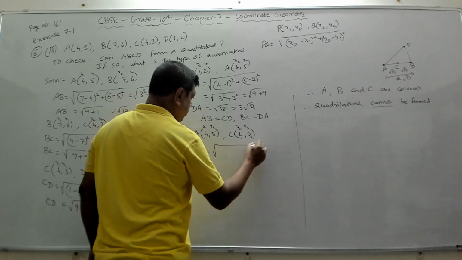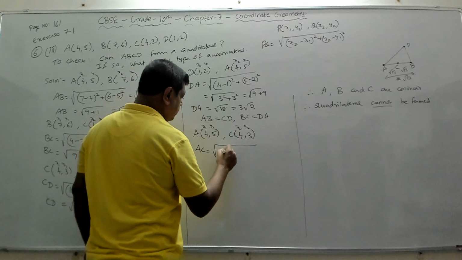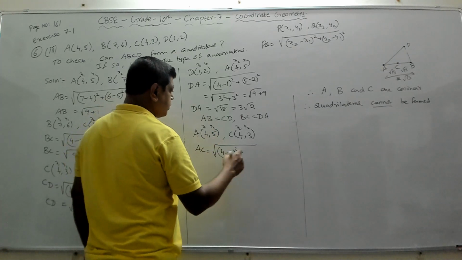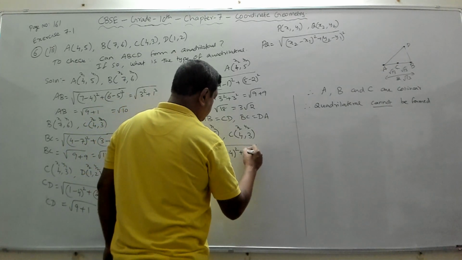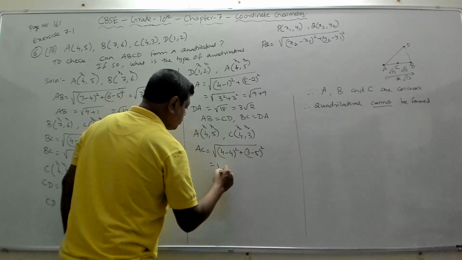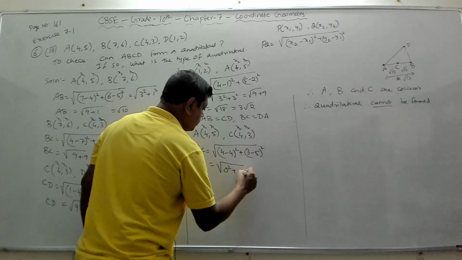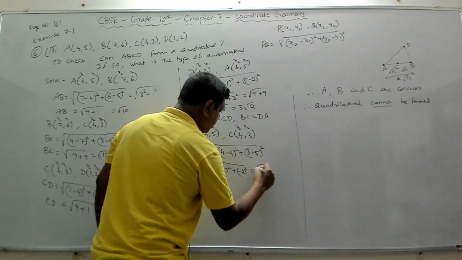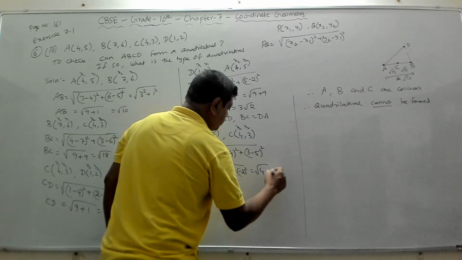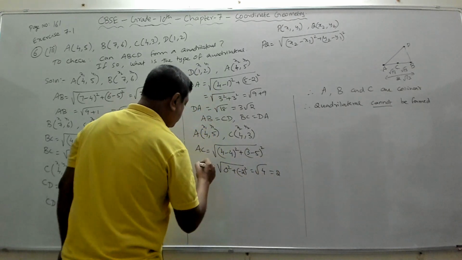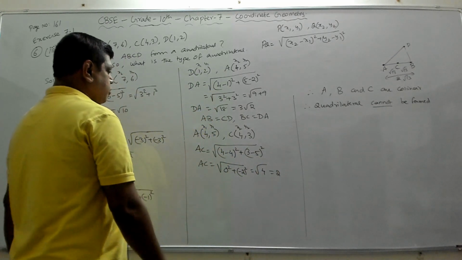That is square root of (x2 minus x1) the whole square, which is (4 minus 4) the whole square, plus (y2 minus y1), which is (3 minus 5) the whole square. So that gives you square root of 0 square plus minus 2 the whole square, which gives you square root of 4, that is 2. Because minus 2 the whole square is plus 4 and square root of 4 is 2. So AC is 2.